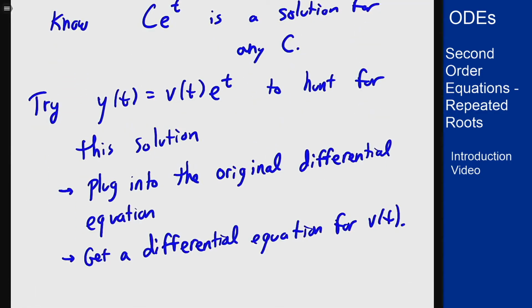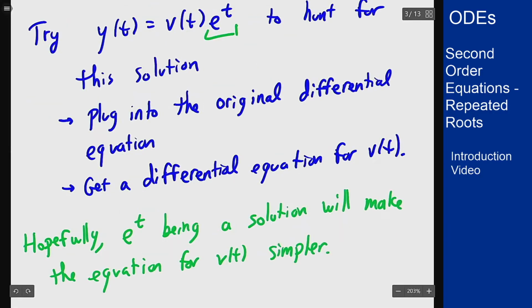You could set this up in whichever way you wanted to, but the fact that we have this e to the t in here that is a solution should hopefully make the equation for v simpler than the one we had for y. And it turns out in this case that is true. It does make the equation simpler, and it'll let us find the second solution. Let's see how it works out for this particular example.